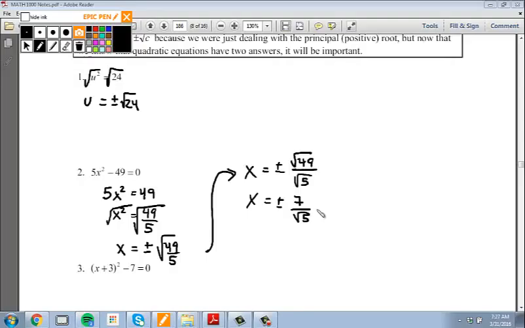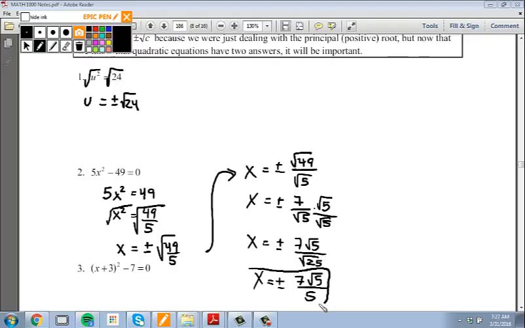Now some of you will say, well, I don't want the square root of 5 in the denominator. That's fine. You can rationalize it by multiplying by square root of 5 over square root of 5. And the reason why I need to do that is because 5 times 5 is 25, and the square root of 25 is 5. And so that makes the square root in the denominator go away. So this is a nice way to write your answer as well.